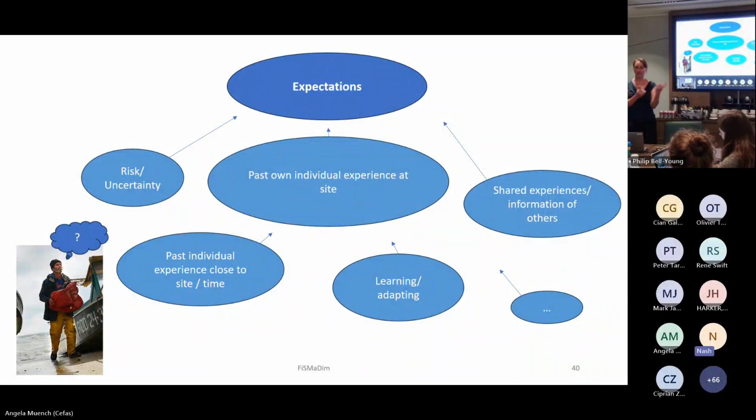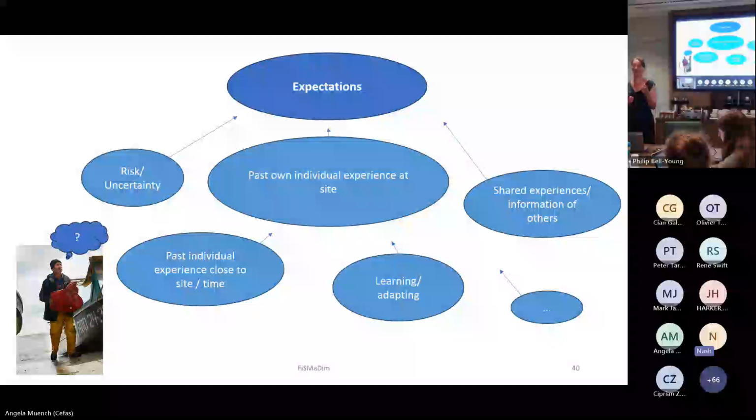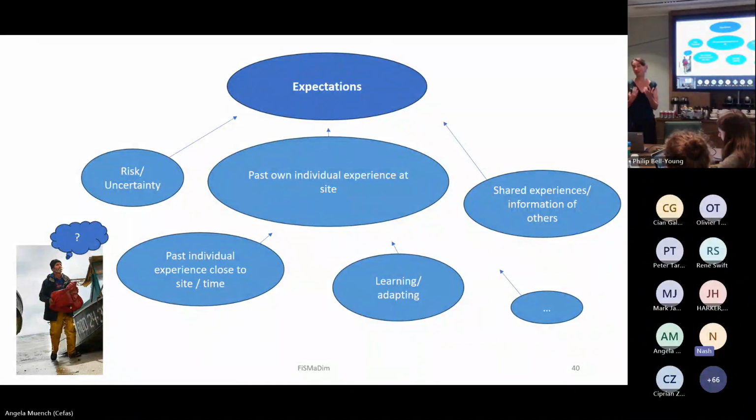So there is some information sharing. There's lots of discussion about learning. How do you learn from it? Are you adapting? We see some fishers who never adapt, who just go to the same location again and again, no matter the outcome. Some will adapt. Some will also infer from experience they had in the vicinity of the site.